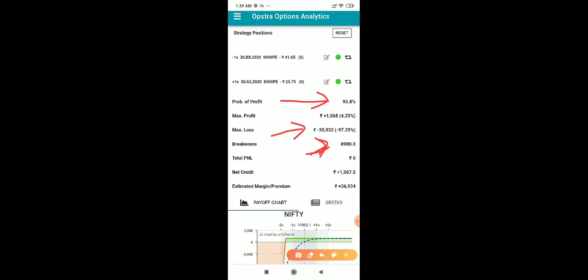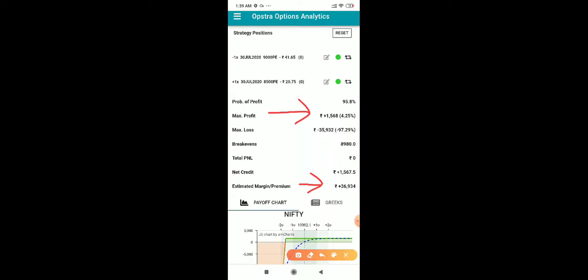See here, what we are investing here, 37,000, make it 40,000. For 40,000 for a month, we are able to collect 1500 rupees.